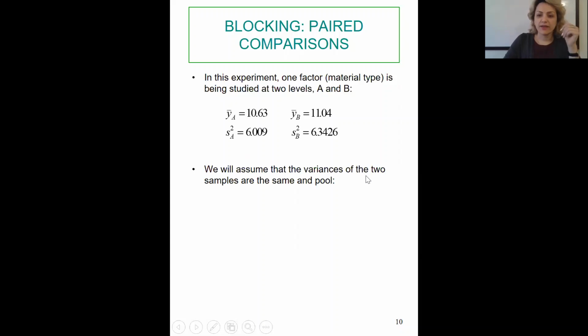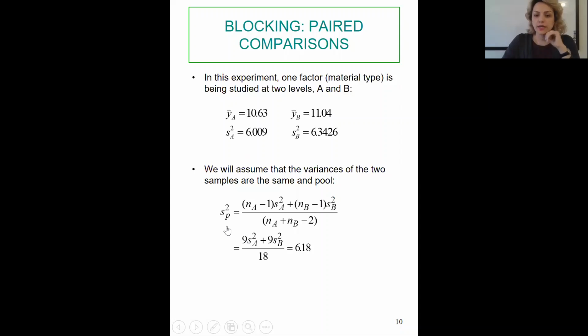Because we want to reach the part where we see the effect of blocking, let's assume the variances are the same for the population. Because of that, we can get the pooled estimate of the variance for the t-test. So we're going to get the pooled estimate, S_p squared.